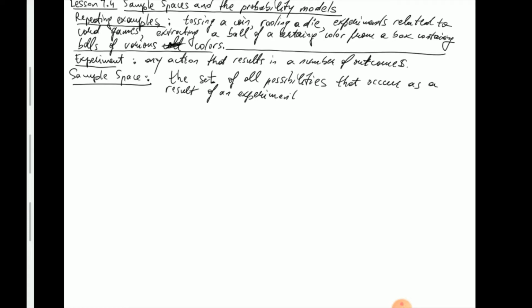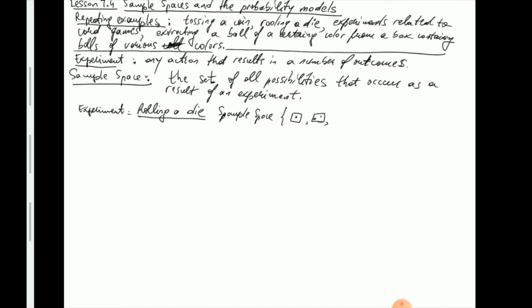And I like to go over quick examples as we introduce these notions right away. So for example, if the experiment is rolling a die, you can visually describe the outcomes or the sample space by drawing what you see when the die stops rolling, right?